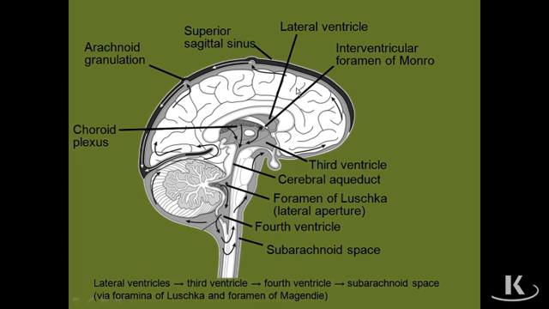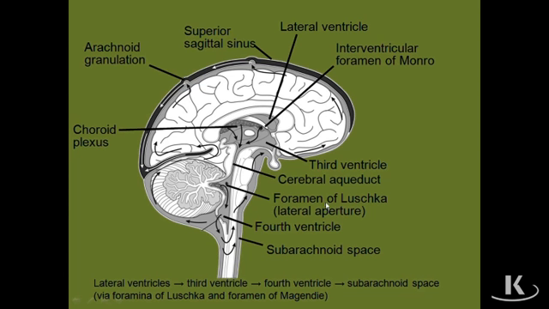And the point of this diagram, utilizing the arrows, shows the direction of CSF flow and makes a point in this mid-sagittal section that the only places where cerebral spinal fluid can exit the ventricular system and enter the subarachnoid space is by leaving the fourth ventricle through one of 3 openings.